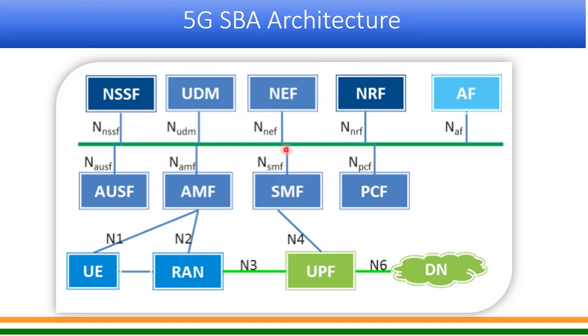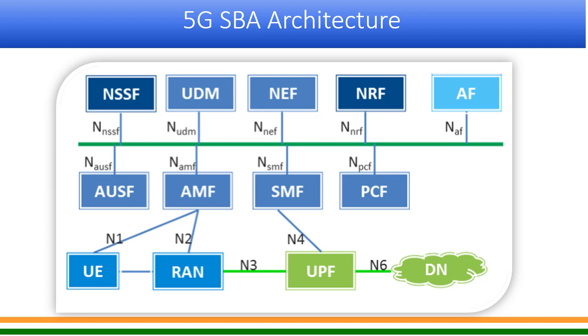Up to 4G there was no service-based architecture concept by 3GPP. Of course, some of the OEMs have implemented 4G in this way, but it was not in the specification by 3GPP. So now this 5G SB architecture is suited for NFV.